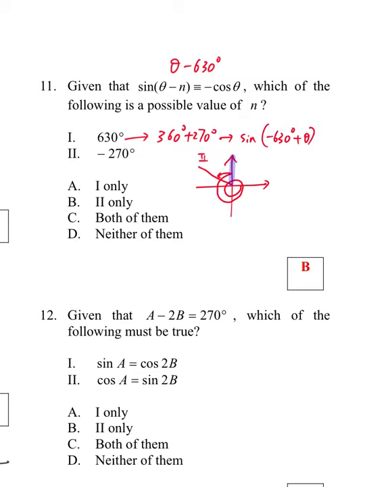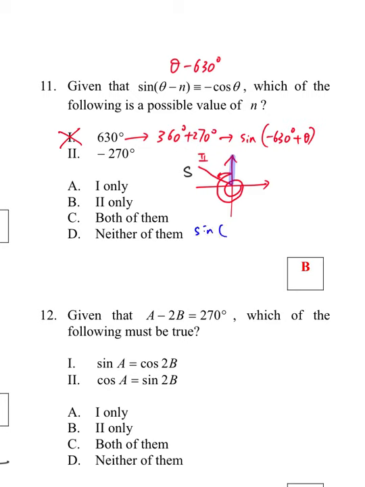So what do you expect for quadrant 2 is that sine remains positive. It will not give you the negative sign, although the ratio has changed to cosine theta, and therefore the first statement is incorrect. The second statement is similar.